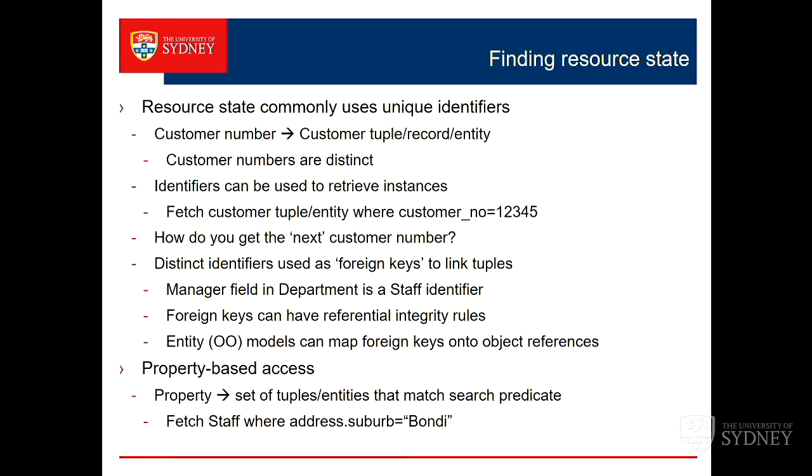It could be a piece of compound state as well. I could decide to allocate these things on a state-by-state basis, in which case the compound key of which state and which customer inside the state would be a unique identifier in the whole system. So I typically would allocate distinct identifiers for pieces of resource state, and then I can retrieve bits of resource state using those identifiers.